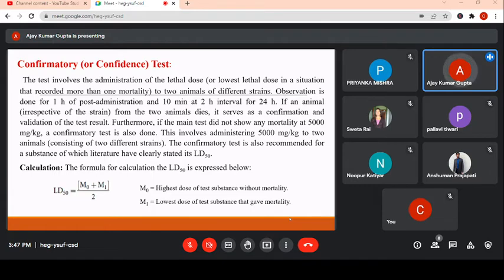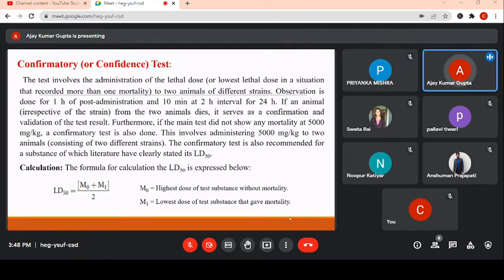And this involves administration of 500 mg per kg to 2 animals of different strains, and the vehicle in which the substance has been administered should also be properly supported on the basis of LD50 values.